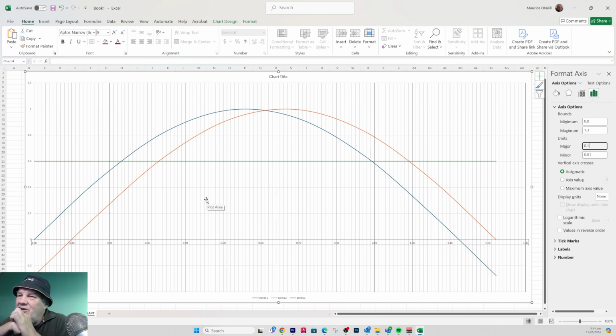Now we do need to fix the table up, give it a bit of a title, label the axes, label the series, all of that tidying up sort of stuff, which is probably best done by working it out for yourself and interrogating various things.